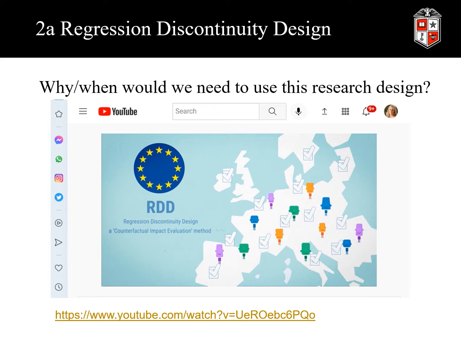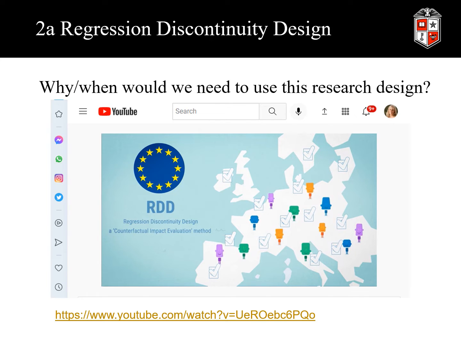Slide 2A, Regression Discontinuity Design. Why, when, would we need to use this research design? Here's an example. Out of the many projects financed by the European Union, some are more effective than others. The evaluation of policy is a key factor in understanding their impact.